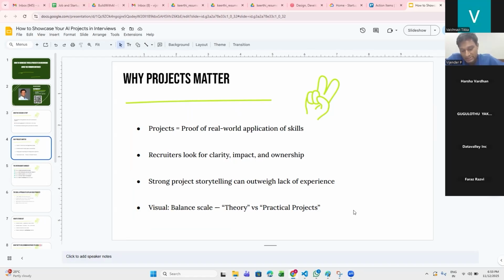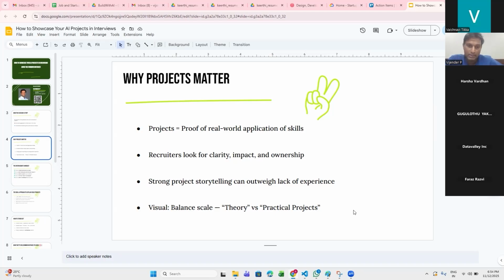Some of the projects can be more of an academic exercise. You've completed some Coursera course where you worked on a project, and you know the theory per se. You know what's happening in that project, but maybe you haven't really deployed it, you haven't even run it, you haven't even downloaded the data set, but you know the concepts. That is more to showcase that you have done some project, but it's not really counted unless you actually do it.